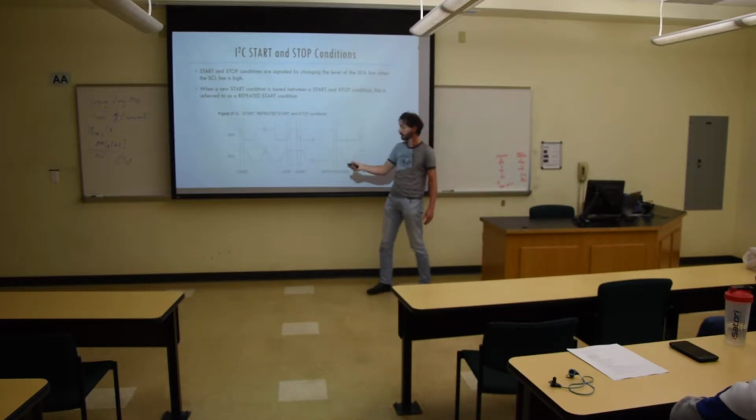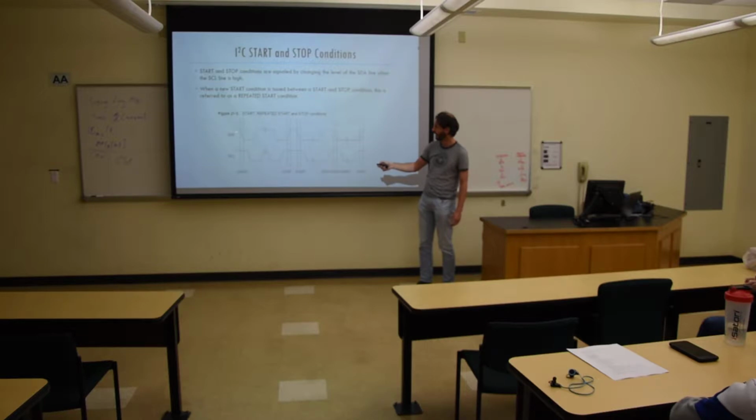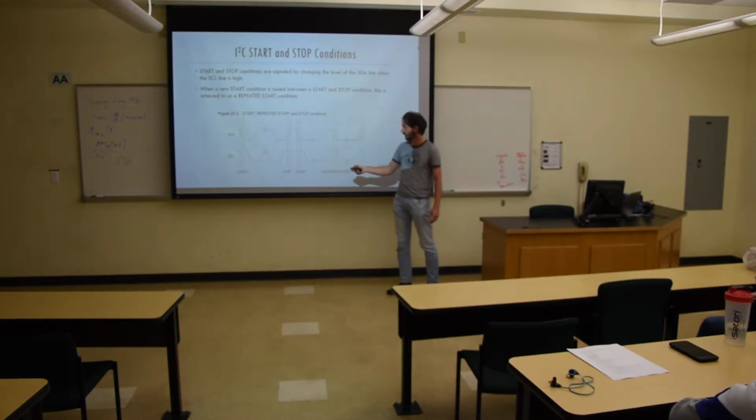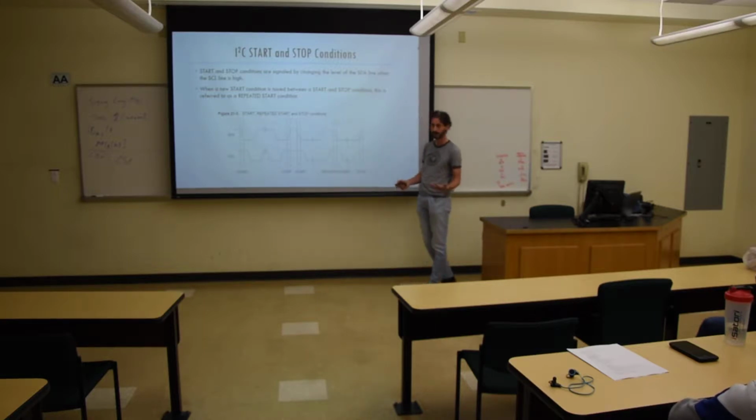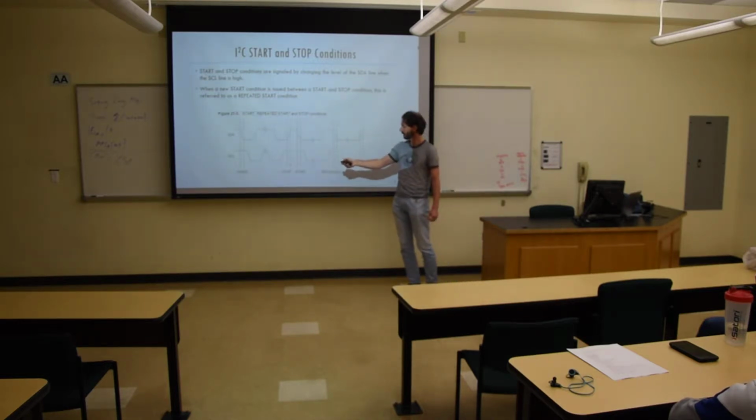When nobody uses the bus, your data line is high. And if you pull that low on a high clock cycle, that indicates that you are ready to start communicating. So that's the start signal.